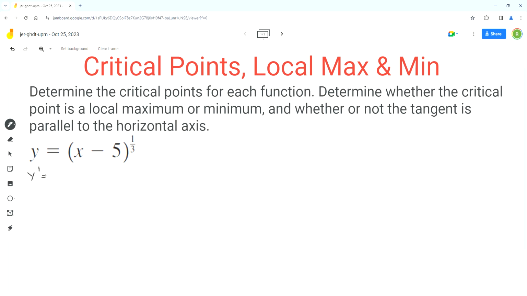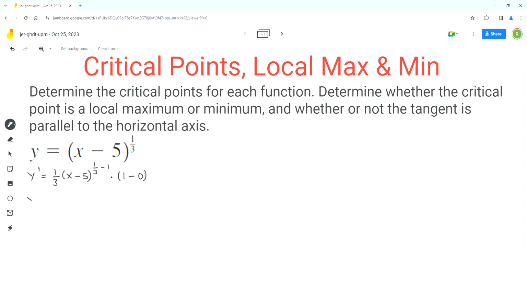So we move the exponent to the front times x minus 5 and we subtract 1 from the exponent times the derivative of the inner function, which is x minus 5, and the derivative of that will be 1 minus 0. So 5 is a constant, so its derivative is equal to 0.